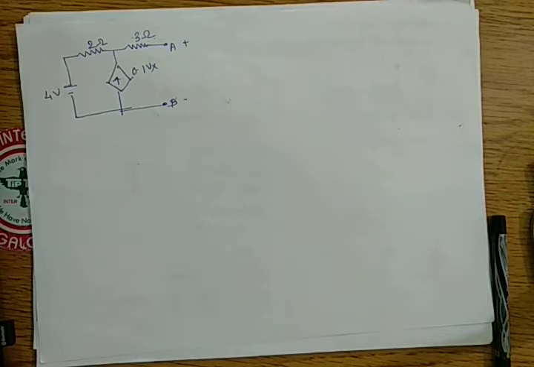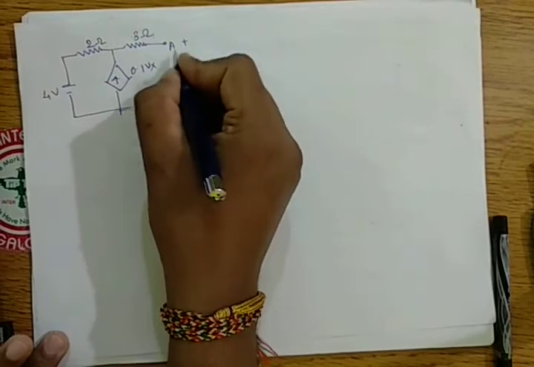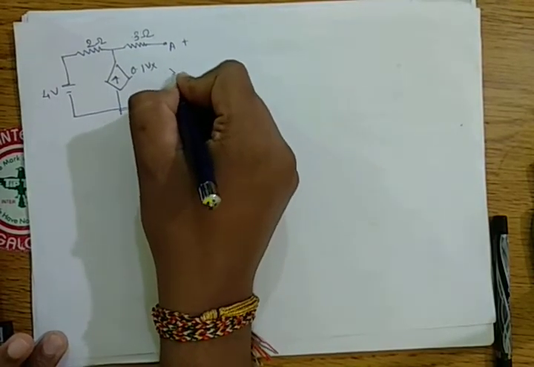So what we have to use, 0.1 Vx is there. So this 0.1 dependent source depends upon the voltage between A and B.